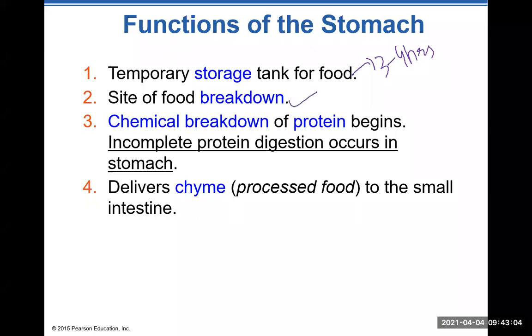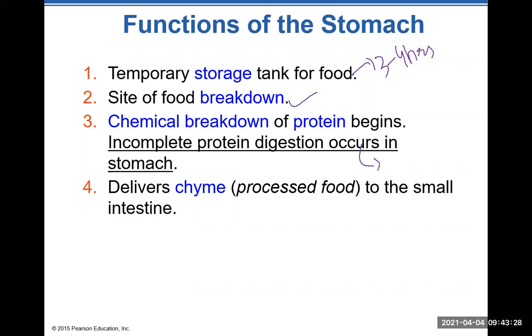Then breakdown, the chemical breakdown, as well as the churning action, the physical breakdown of the food, takes place in the stomach, right? Chemically, if you remember, I told you on the first day, protein digestion starts from the stomach, not from the mouth. In the mouth, it's the carbohydrate digestion which takes place.